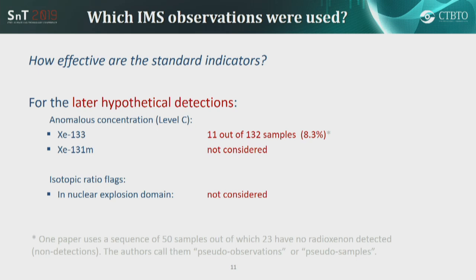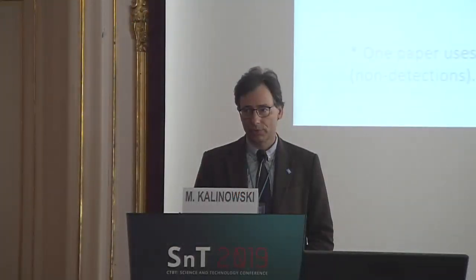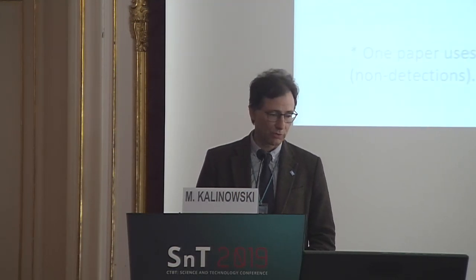In one paper, only 11 out of 132 samples that were included in the study were level C, and actually a lot of these 132 samples were not even detections, but non-detections. We call them level A. And the second isotope, 131M, and isotopic ratios were not even considered. So instead, these papers use other indicators.